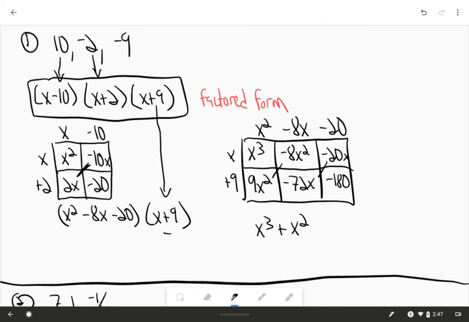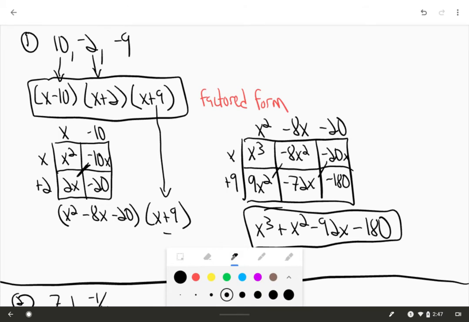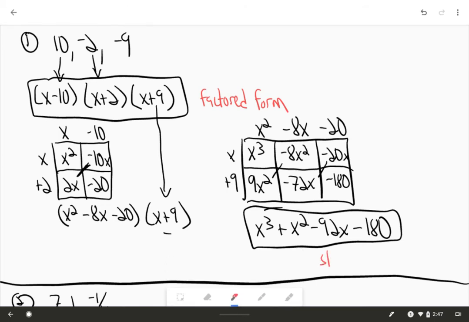So negative 20x and negative 72x is going to be negative 92x minus 180. Okay, and this right here is the standard form. Okay, so we've answered the question.